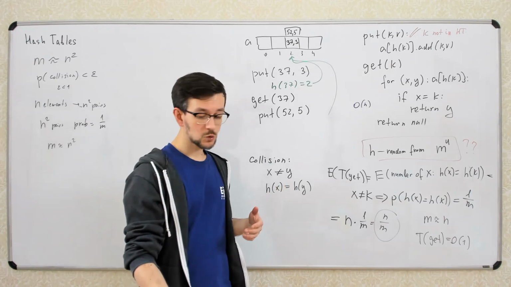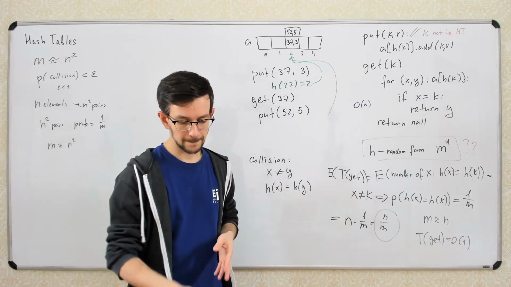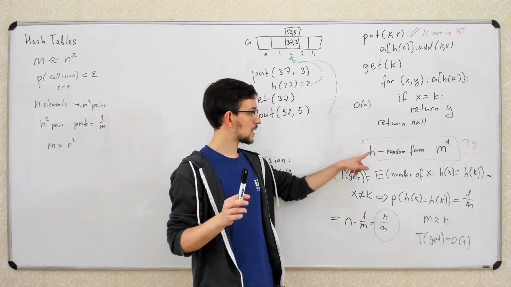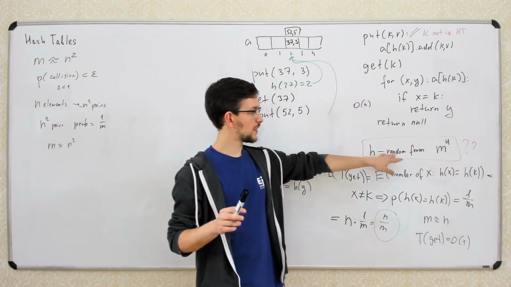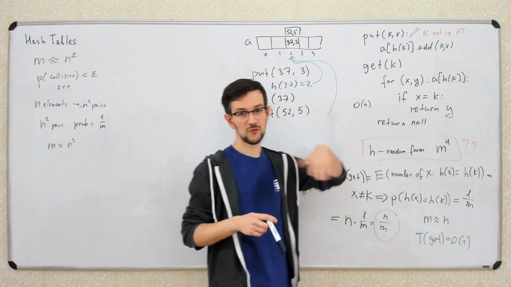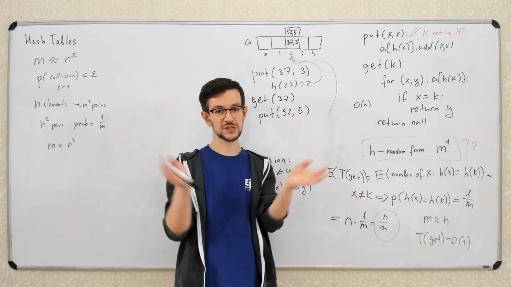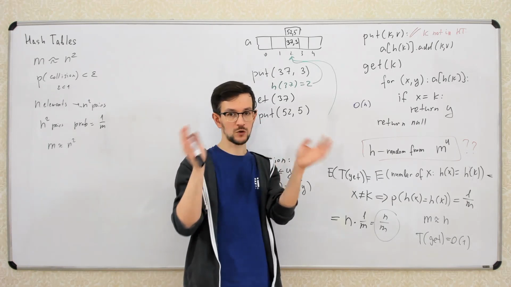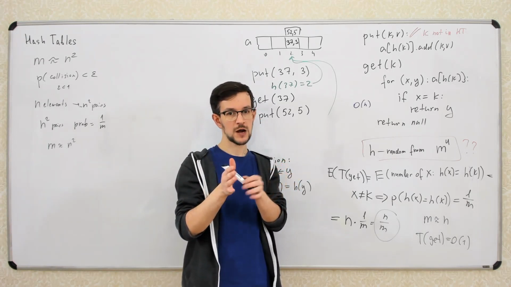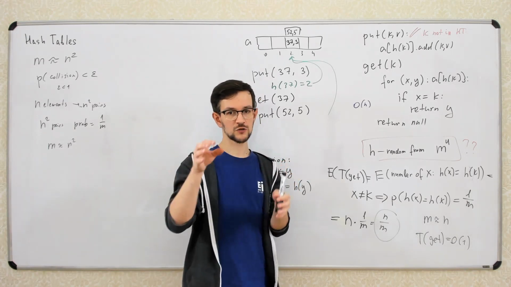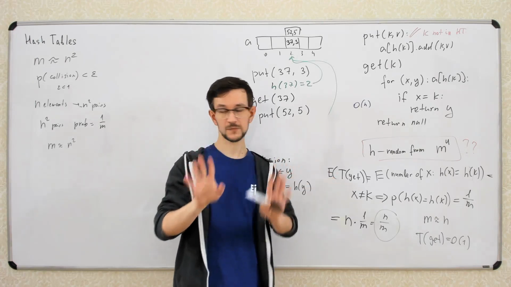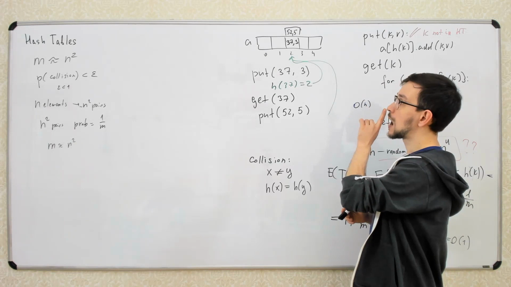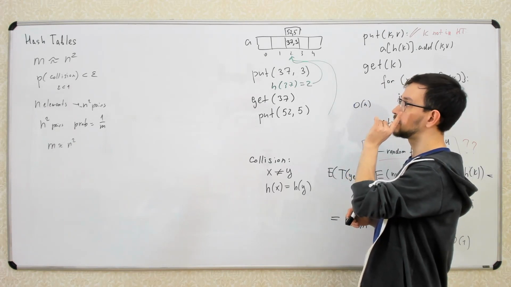So what do you do in practice? We will pick h not from the set of all possible functions, but just from a small subset of functions. We will pick some small set of good functions, and each time we'll pick some random function from this set of functions. Let me show.